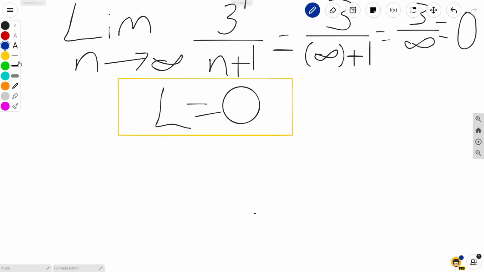Now that we have our L in step 4, all we simply do is just apply the ratio test conditions. That's all we have to do.